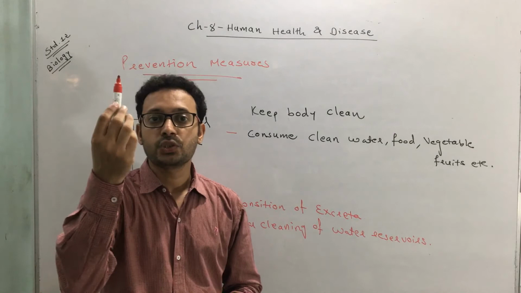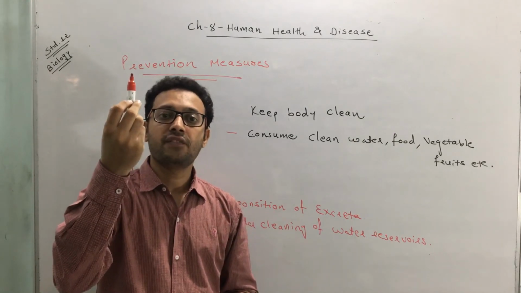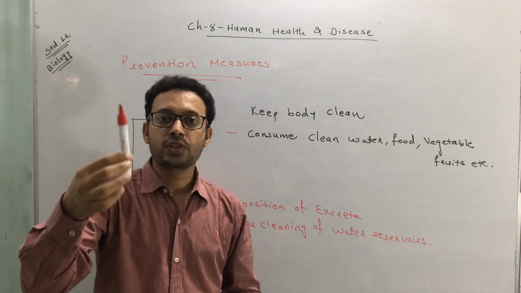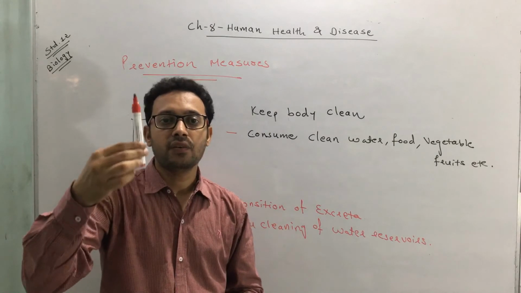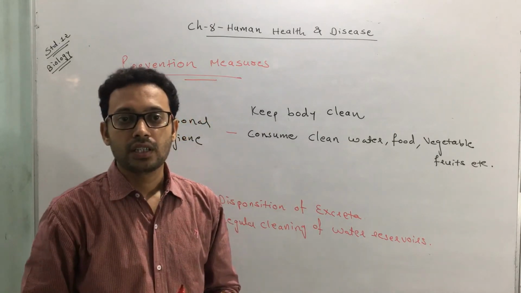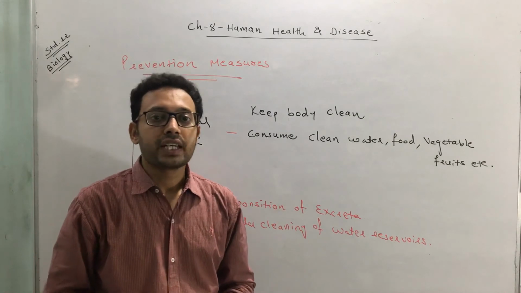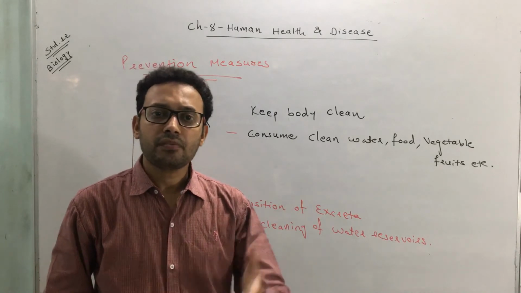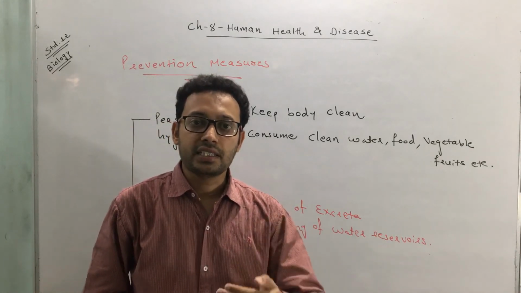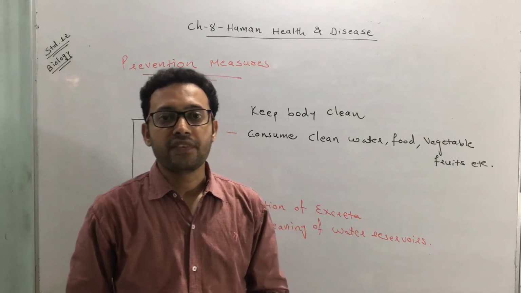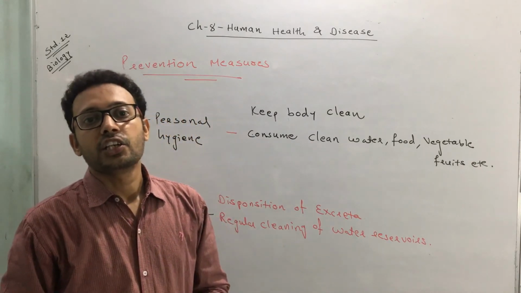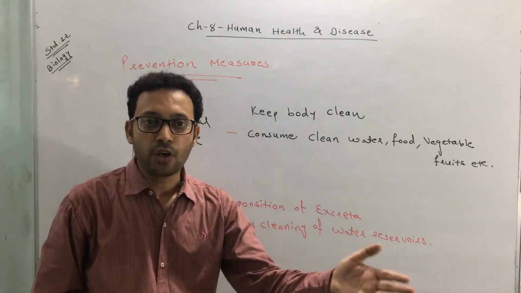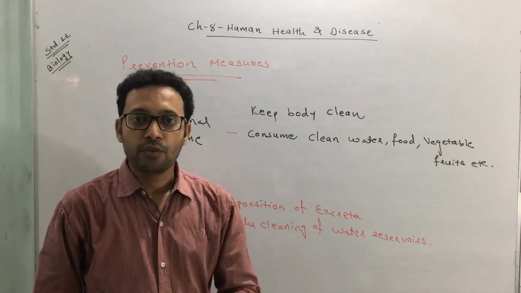Suppose a pen used by a person with a common cold should not be used by someone else, because it might carry the common cold virus, rhinovirus, and may affect another individual. So for airborne diseases like pneumonia and common cold, maintain distance from infected individuals and do not use their things.